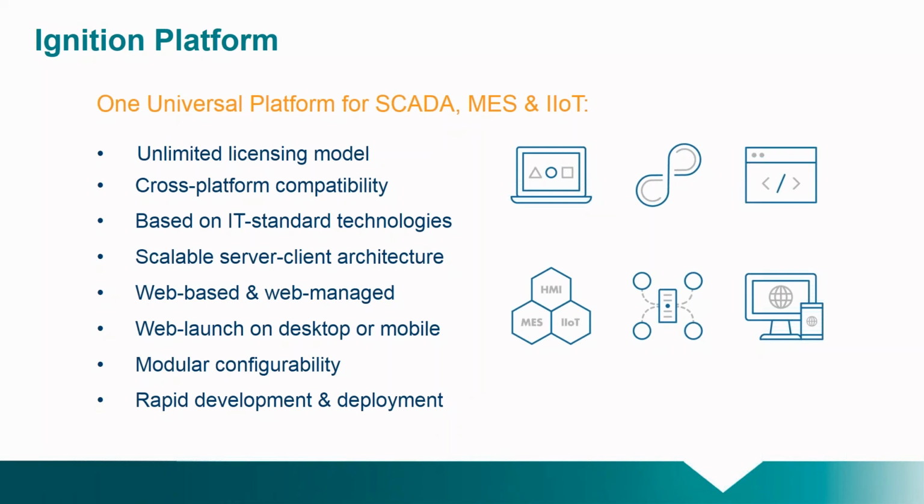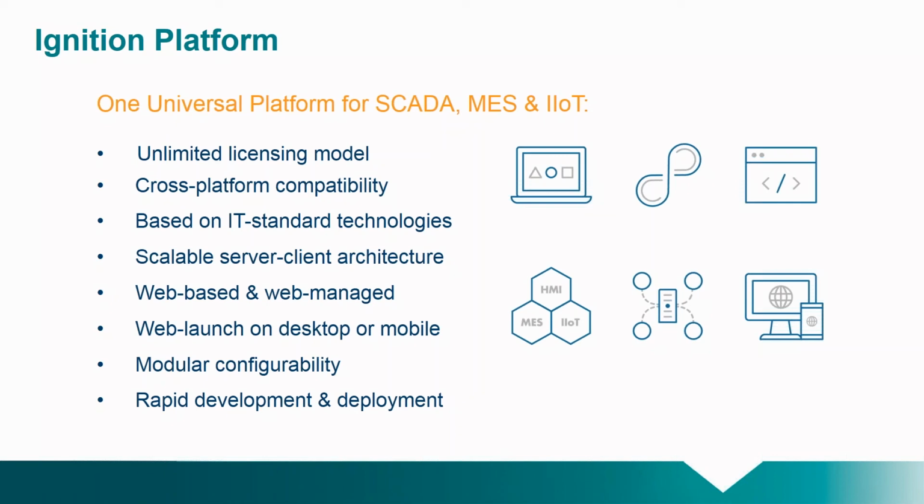What Ignition does, we have an unlimited licensing model. We're able to run on multiple different platforms, so cross-platform compatibility. We have a lot of IT standard technologies built into the platform, and we're based on those. We're scalable in a server-client type of architecture, as well as a publish-subscribe architecture, which we'll talk a little bit more about in just a minute.